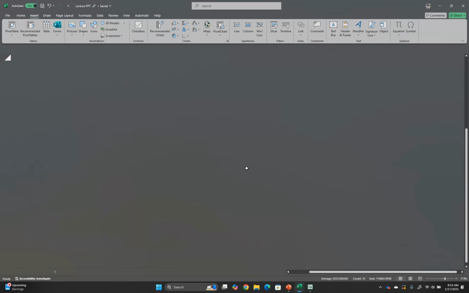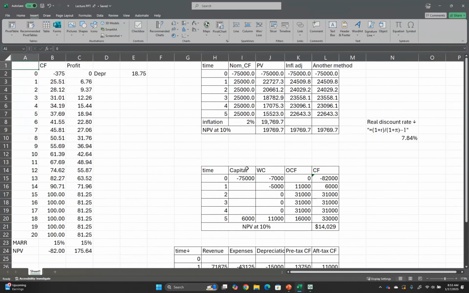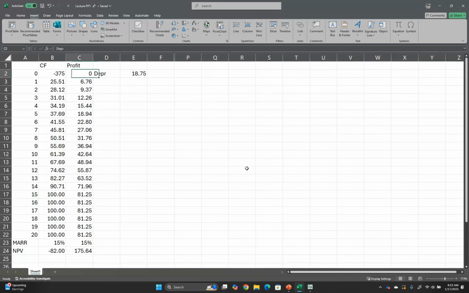So we go to Excel here and look at the cash flows. So we set the cash flows up. So these are the cash flows now here, minus 375, 25.51, and growing at this 10.25%, as we can see here. So these cash flows are growing at 10.25% until we reach $100 at year 15, when the cash flows stabilize.